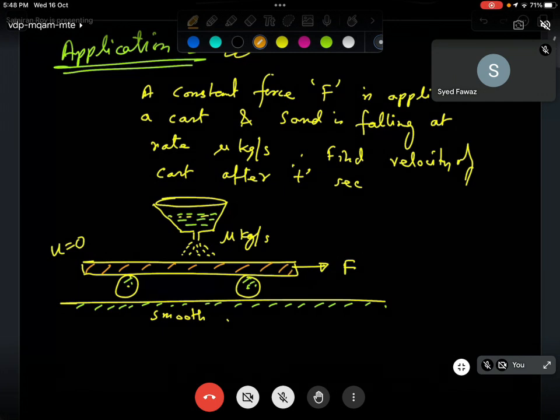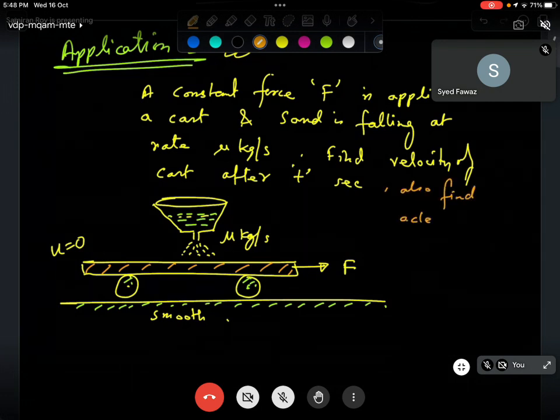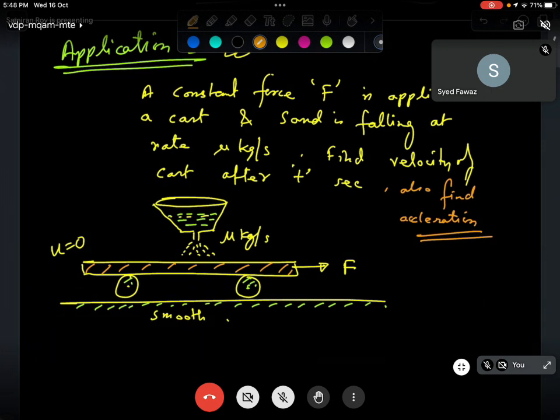Also you have to find acceleration. You have to find velocity of cart and acceleration after t second.